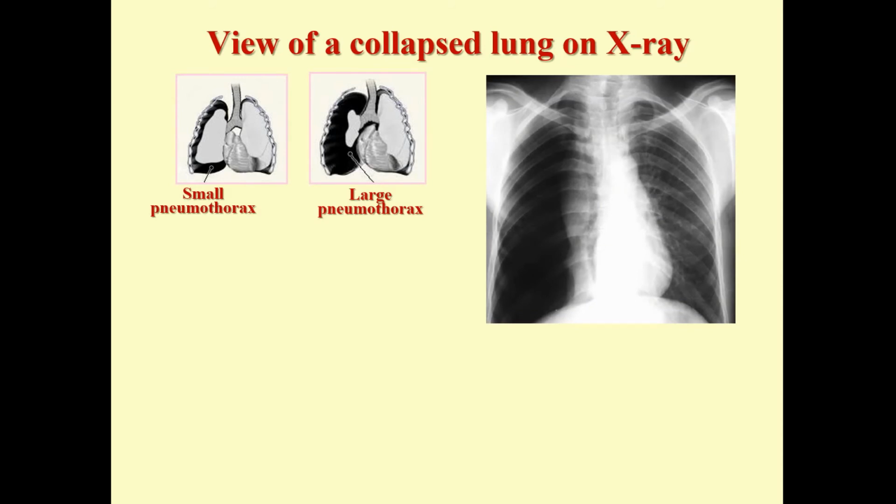But on the left side of the picture, for the person it will be the right side, but for the picture the left side, you can see all this black area without any vascular pattern, no vascular tree, which means simply that this part of the chest cavity is filled with air. That's why it's extremely black without any picture of the vessels. So this is a right side pneumothorax, a full, complete collapse of the lung.